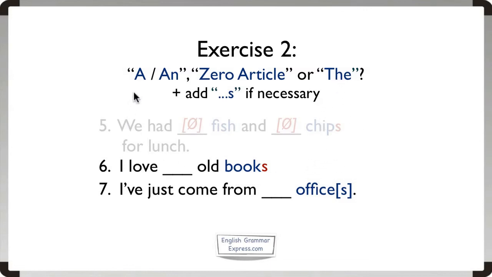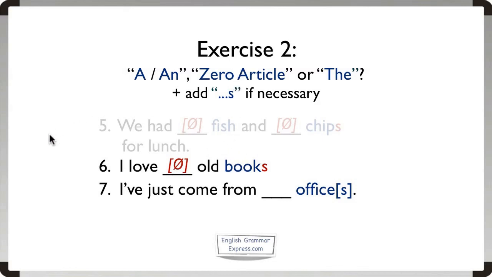We can't use a or an because this countable noun is in the plural. So, general or particular? And the answer is, it's general, in which case the sentence is, I love old books. No article, or zero article.